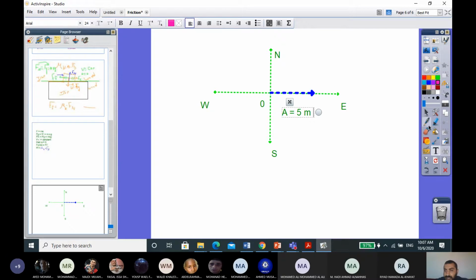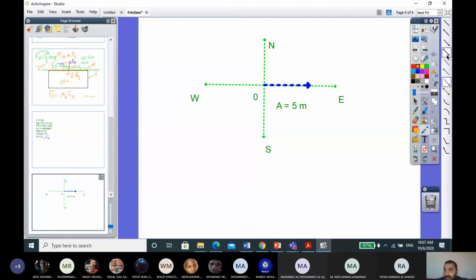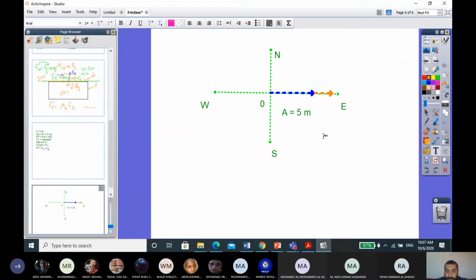So what will happen here if we want to add another vector of 3? Who can help me? No, not this vector, sorry. This vector. So if I want to have another vector of 3, we call it vector B. So B will be equal to 3 meters, let's say. Okay? So if I want to know A plus B, what will happen here? Mister, I will get the east side.